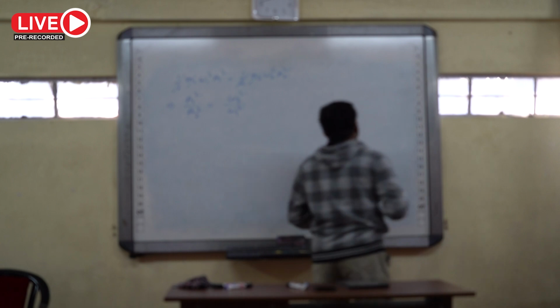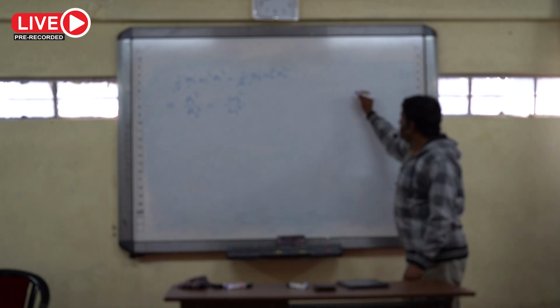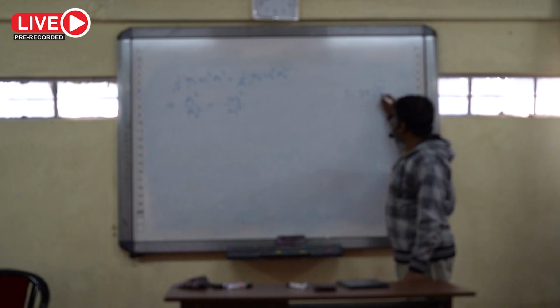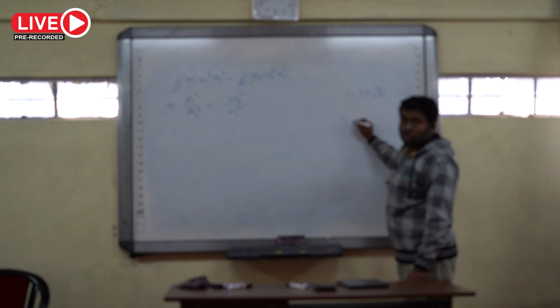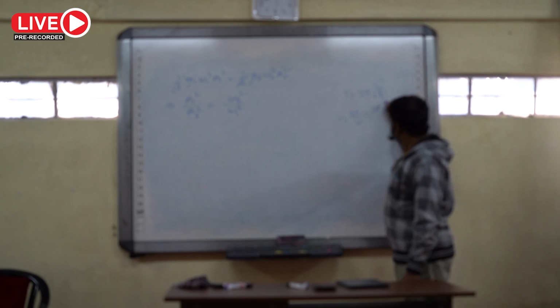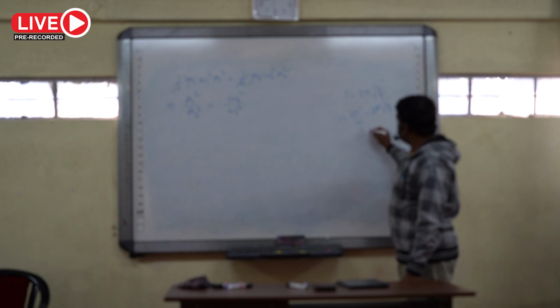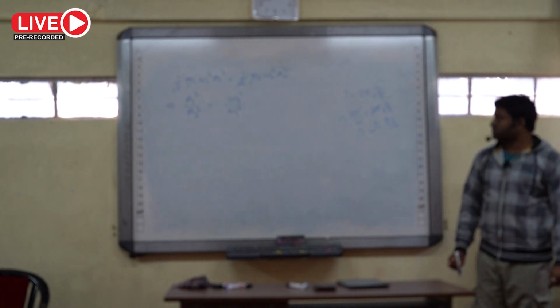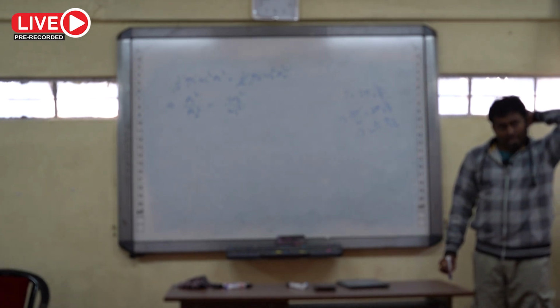For a simple pendulum, time period T equal to 2 pi root over L by g, and T equal to 2 pi by omega. So from this we can write omega square equal to g by L.